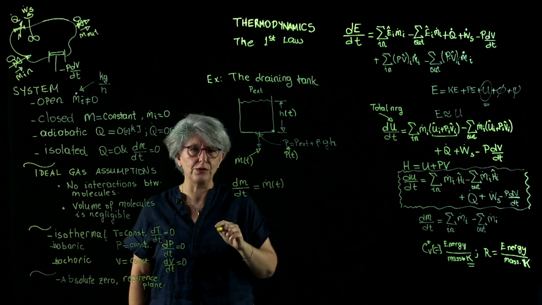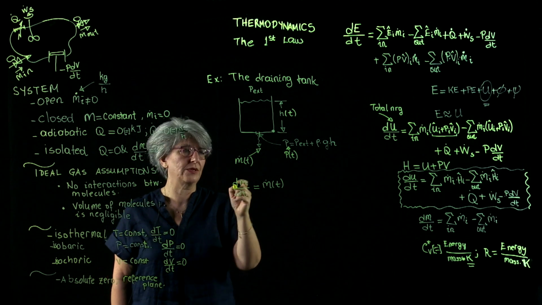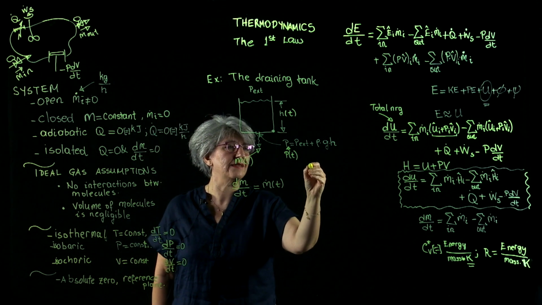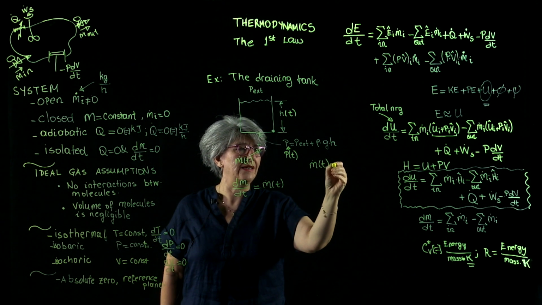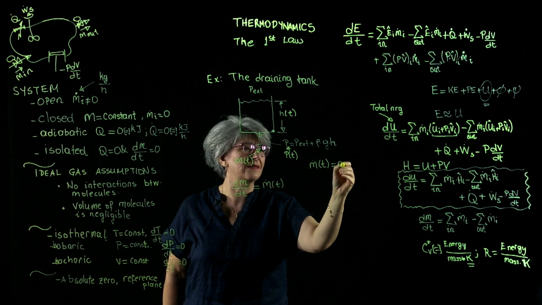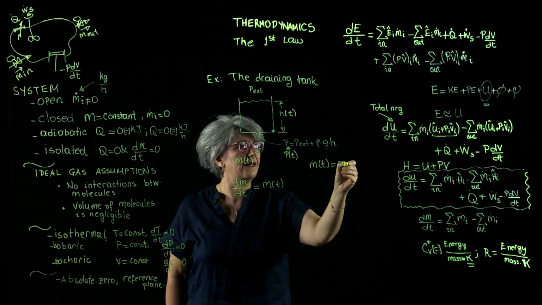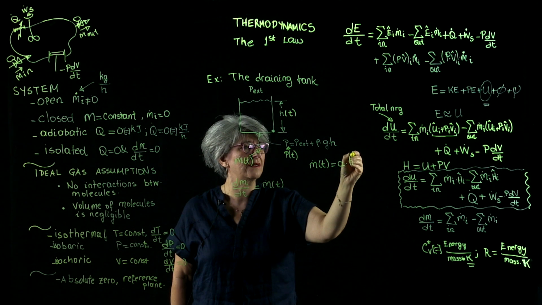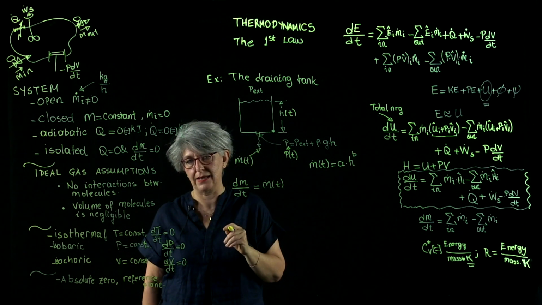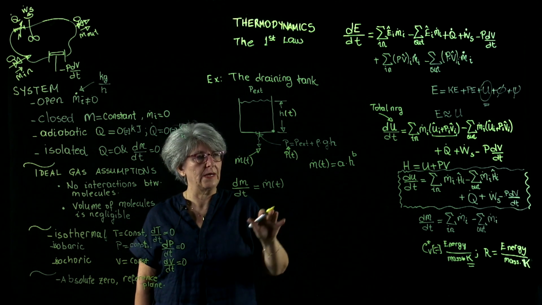Now, what I will do, I will just make an assumption. I will say that this m dot of t is a constant a, an arbitrary constant, times liquid height raised to a constant b. So I invented an expression.